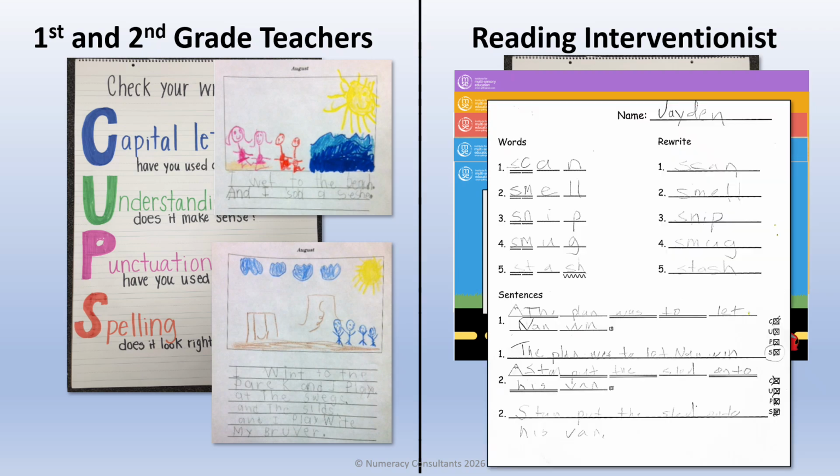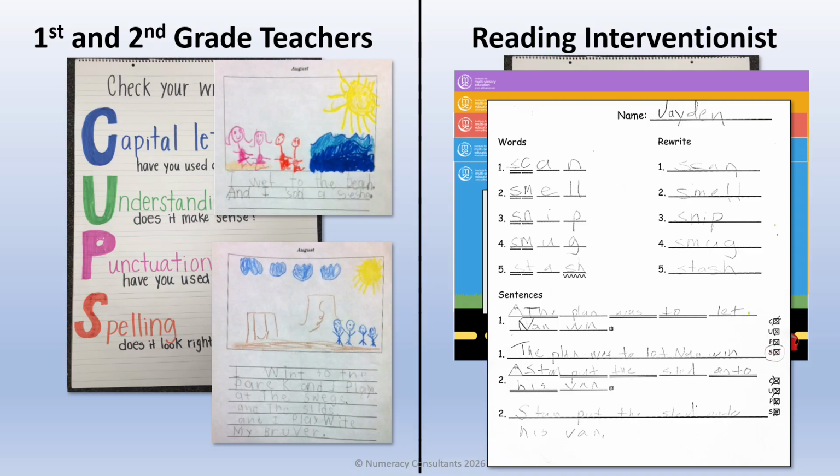And then there's something called dictation. This is a really important part of why the strategy works so well too. Everything that we did previously was supporting this dictation, where all these words have to do with the S blends that they're learning about, and then they write them. Then there's the dictation sentence, where I say a sentence to them, they write it, and when we're done, we go through the cup strategy: capitalization, understanding, punctuation, and spelling.